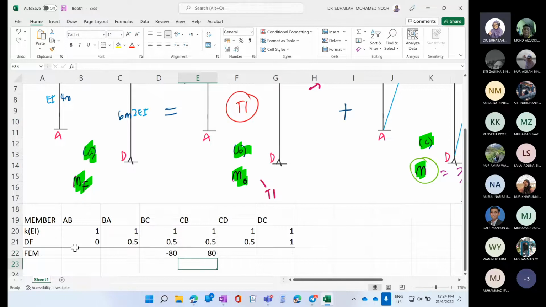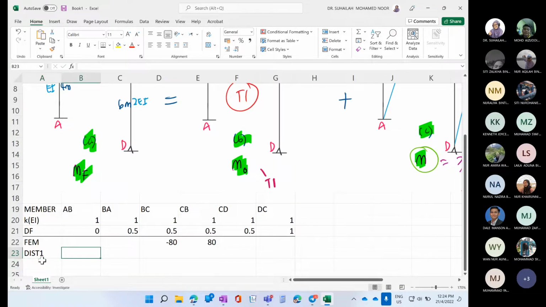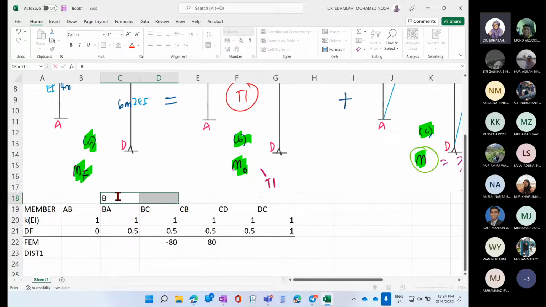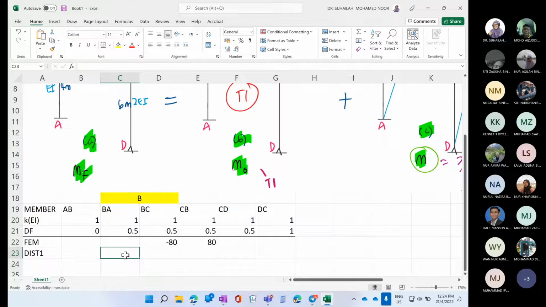Okay, so we will start with the first distribution. Distribution number 1. For joint B, we have to find the total moment.